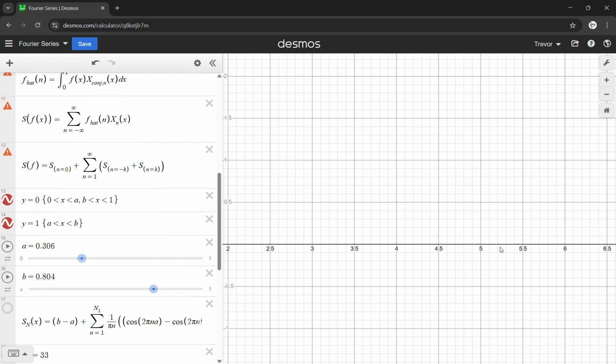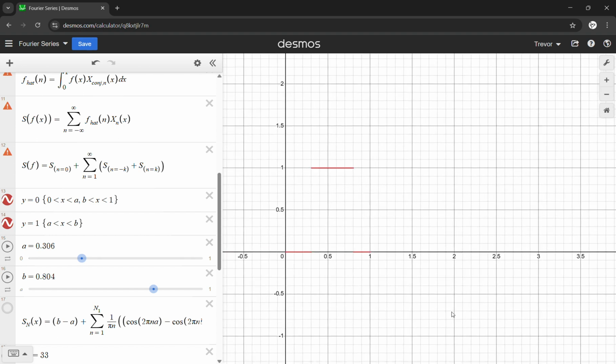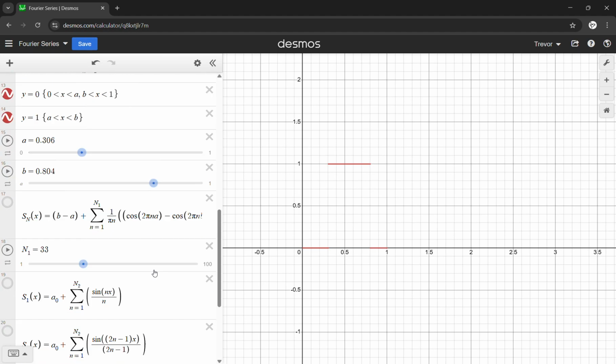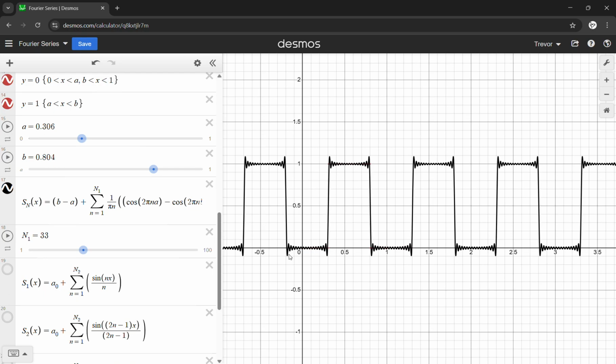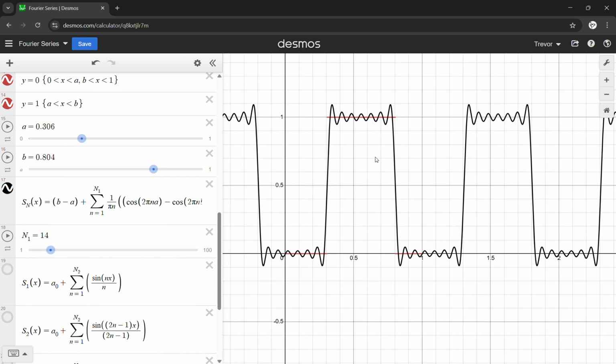I probably could, in all honesty, it's just a little bit hard to do. So imagine this shape repeating over and over again, and the Fourier series for that is going to look like a bunch of waves put together that approximate the red line. And so, yeah, you can see it approximating.